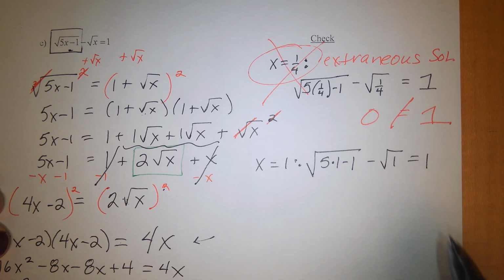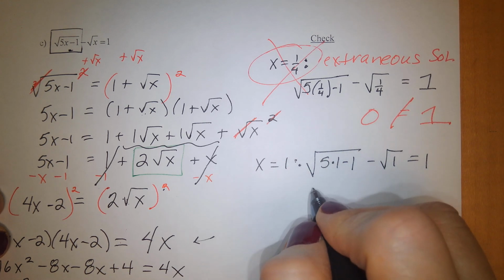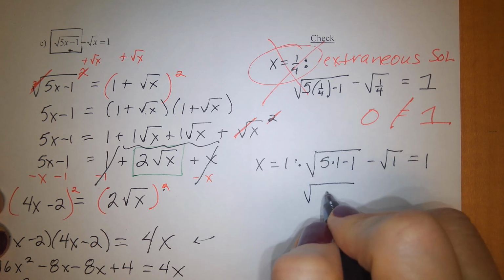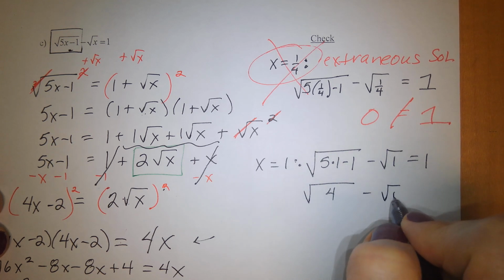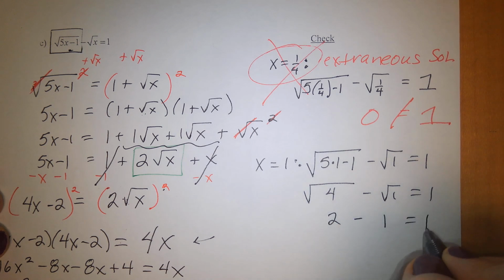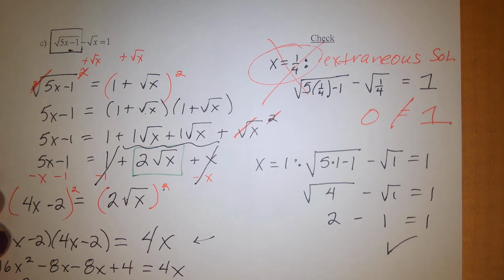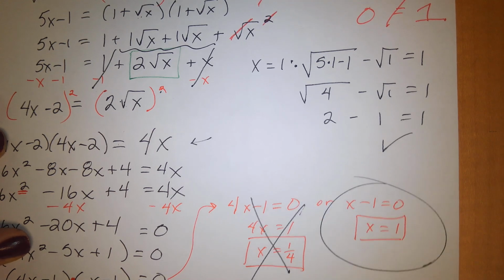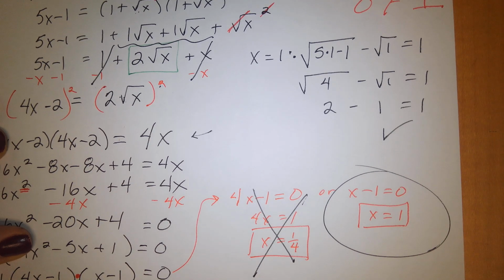And is that in fact equal to 1? This I can do by hand. 5 minus 1 is 4. Square root of 4 is 2, square root of 1 is 1, and it does in fact check out. So that means this is a solution. So I have one and only one solution because the other solution was extraneous.